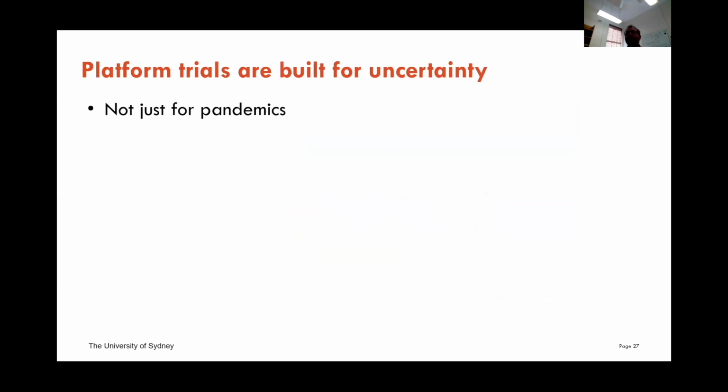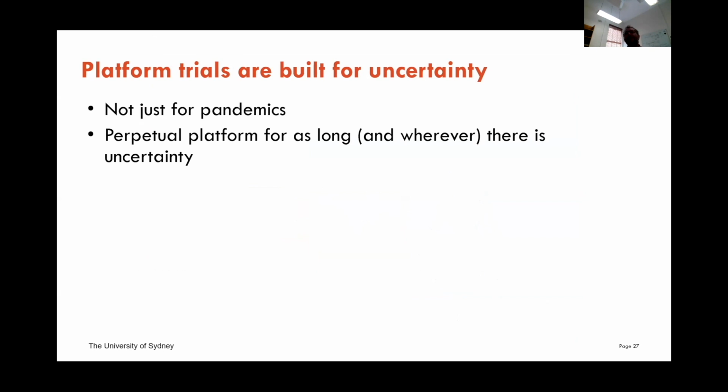So just in summary, platform trials are really built to resolve uncertainty as quickly and as efficiently as possible. They are particularly important for pandemics, but they shouldn't just be for pandemics. This is how we should be doing clinical research for everything. They should be set up to be perpetual.